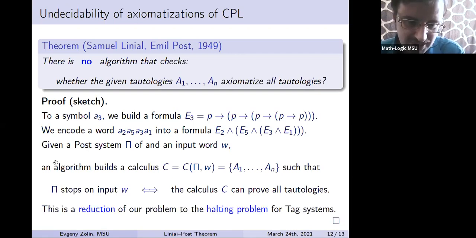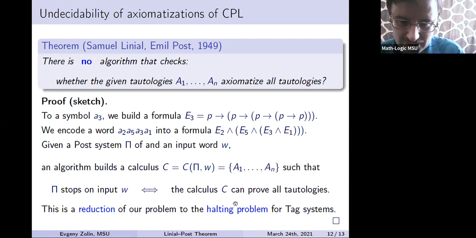Therefore, this algorithm that transforms pi and W into this calculus is indeed a reduction from tag systems to our problem. Here it is an incorrect statement. It is a reduction from the halting problem for tag systems to our problem formulated here.